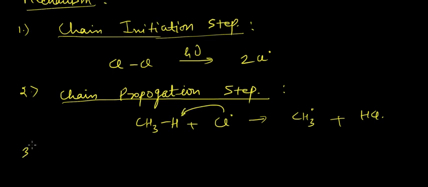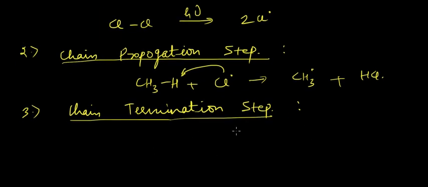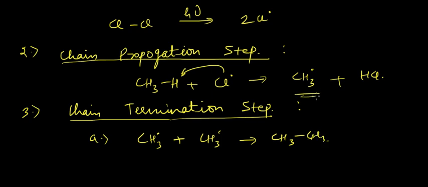Okay, and third, it is a chain termination step. In this, what happens is we have CH3 free radical. First, CH3 free radical will combine with CH3 free radical to form ethane, as this was a free radical formed here.